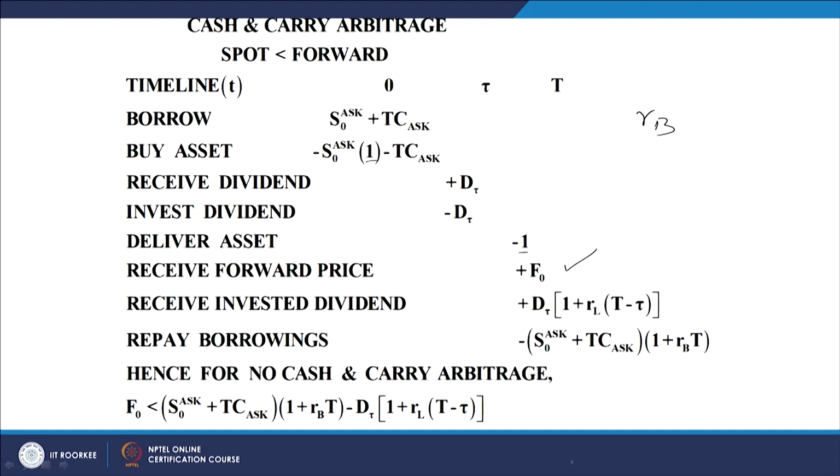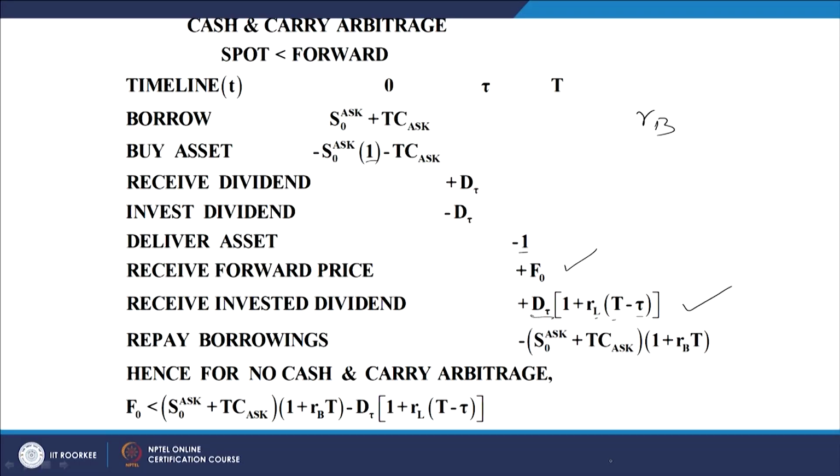Now, you have invested the amount of dividend. So, you receive a certain amount from the dividend, which is given by this amount: the amount of dividend that you invested plus the interest thereon for the period of investment. Now, this is calculated at R lending, the lending rate, because you have made the investment.